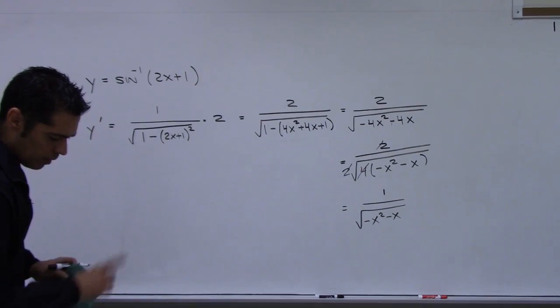I've got y prime equals 1 over 1 plus x minus root 1 plus x squared, that quantity squared, times 1 minus x over root 1 plus x squared. Whew. Like that.